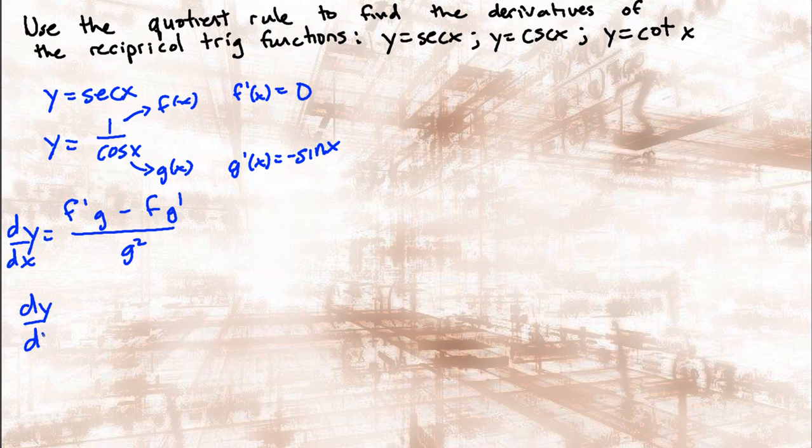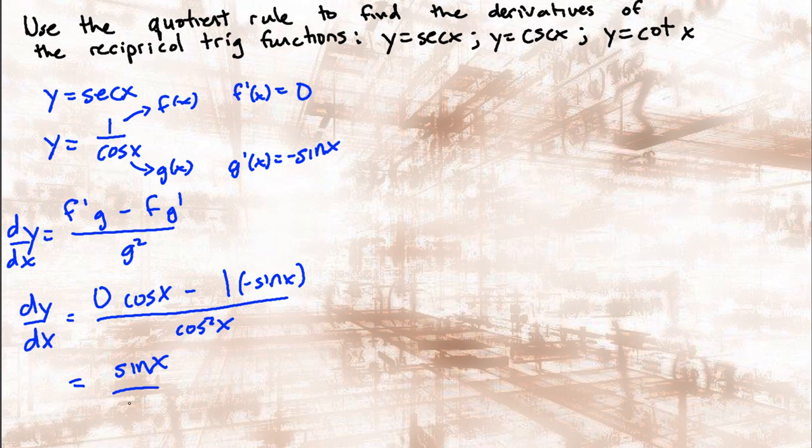So dy dx is going to be 0 times the denominator minus the numerator times the derivative of the denominator, all over the denominator squared. So the first term here is negative, and I'll get a sine x in the numerator and a cosine squared x in the denominator. So this is the answer.